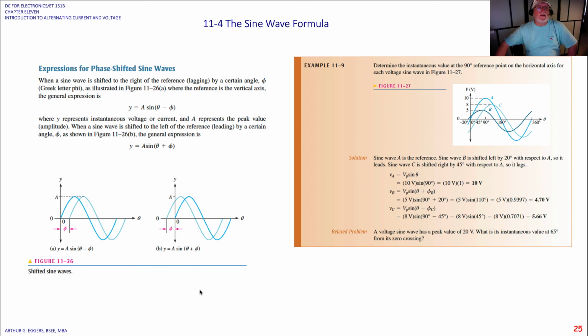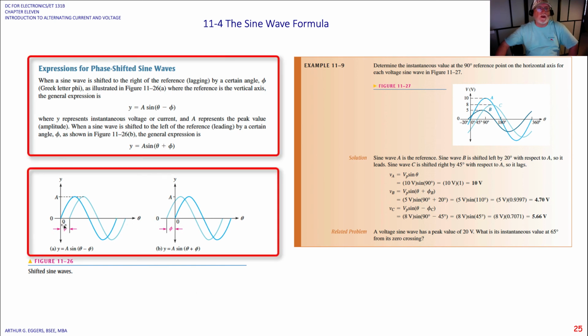So in looking at phase shifted sine waves, as we said before, we give it some angle. In the mathematical relationship for the sine wave formula, we have to show the shift as the difference in the angle. So in this case, theta minus phi, or theta plus phi, depending on whether it's lagging or leading.